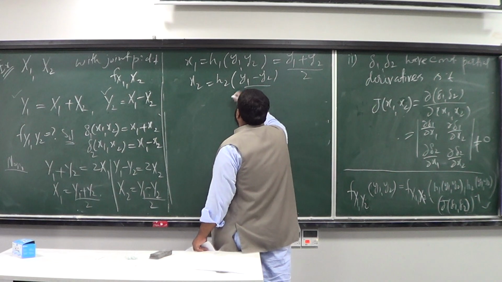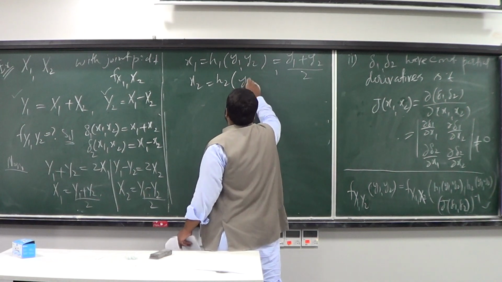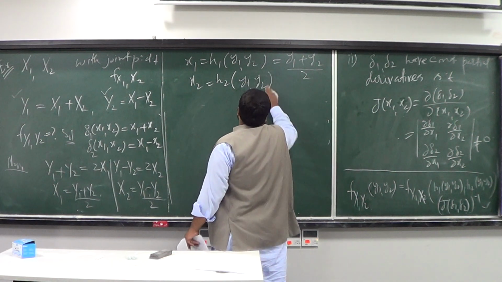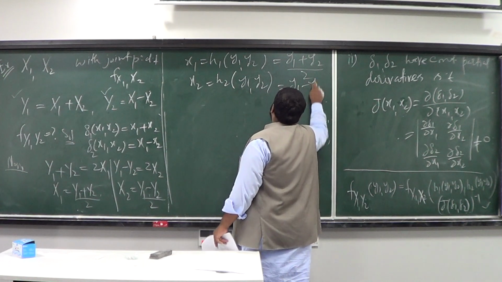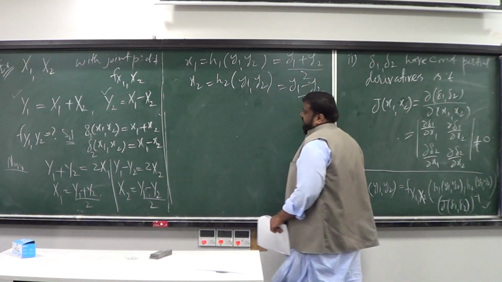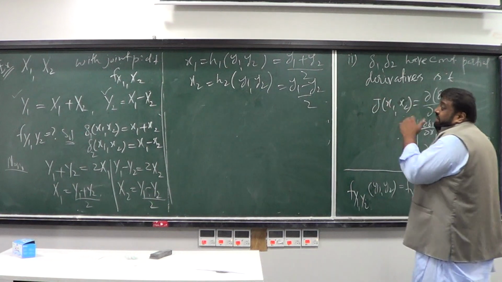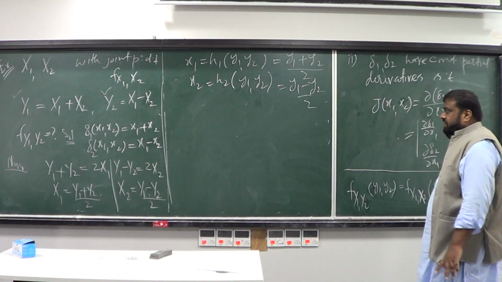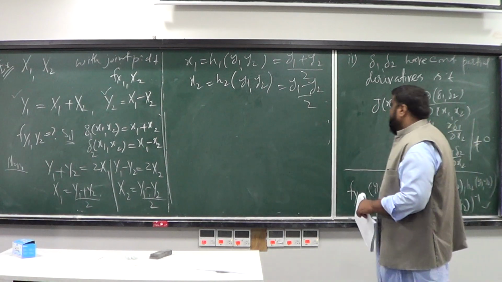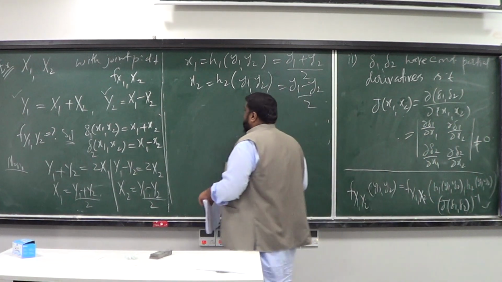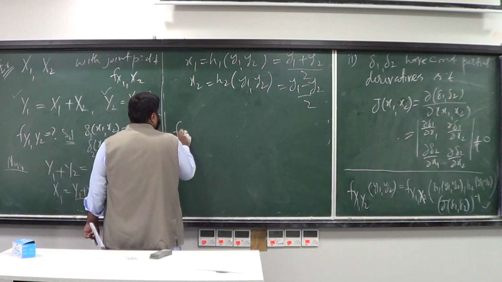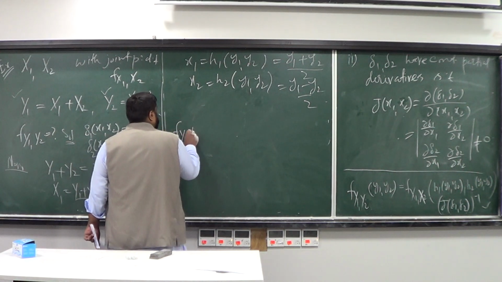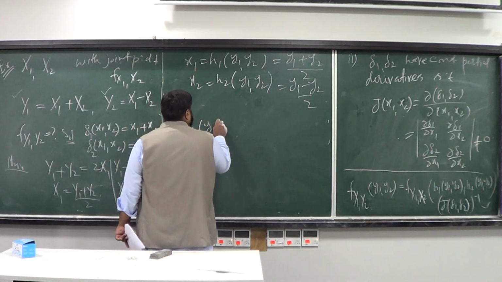So this is what h1 and h2 are, functions of y1 and y2. By the way, here x1 and x2 are two generic functions actually. Okay. Now let's come to the formula. So what would be f y1 y2 evaluated at y1 y2?